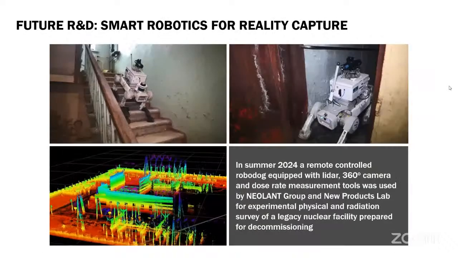Another research we made used not drones but smart robotics, like robotic dog systems. This year in summer, we did an experimental radiological and physical survey for one of the nuclear facilities. We used a robotic dog from Deep Robotics and equipped it with sensors, with laser scanning, with a photopanoramic camera, and with dose rate measurement equipment.